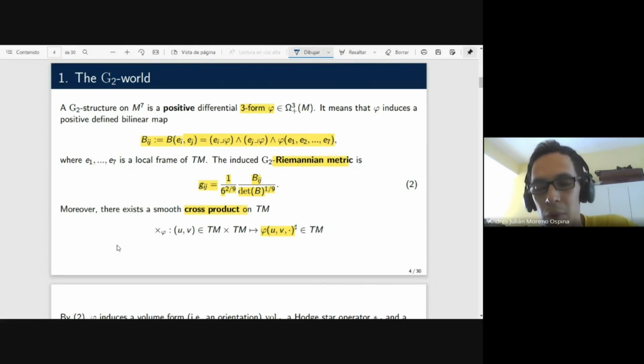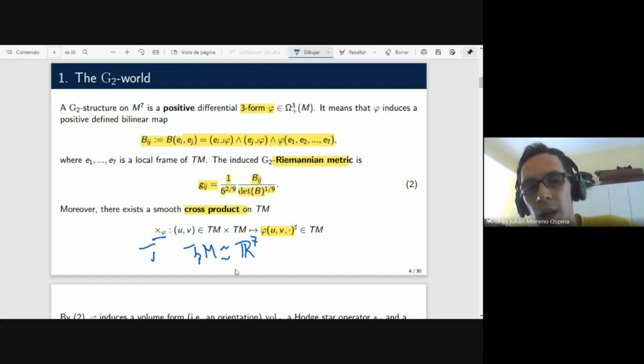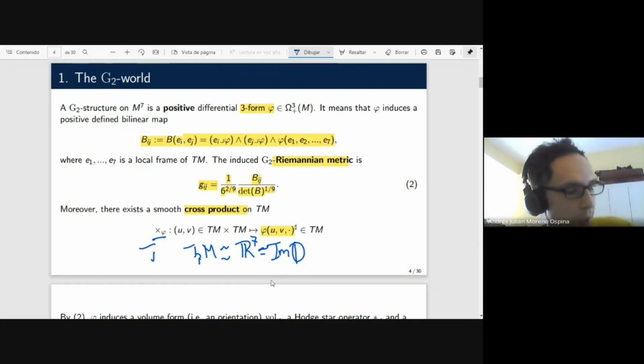An important remark is that this cross product is defined in a smooth way at each point of the manifold, on the tangent space. Because the manifold has dimension 7, you have an identification with R7, which can also be identified with the imaginary part of the octonion algebra.